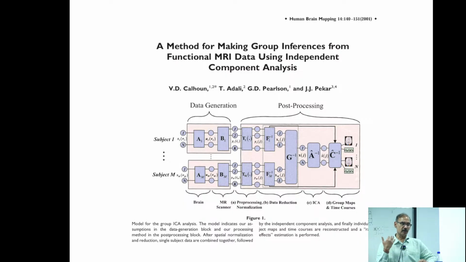Because when you average two signals, you assume that there is a signal and a noise component, except in resting state the signal component is not known. And because it's not known, if you add another signal, you're basically canceling it out. So therefore, you cannot use the analysis like we do for task activation.